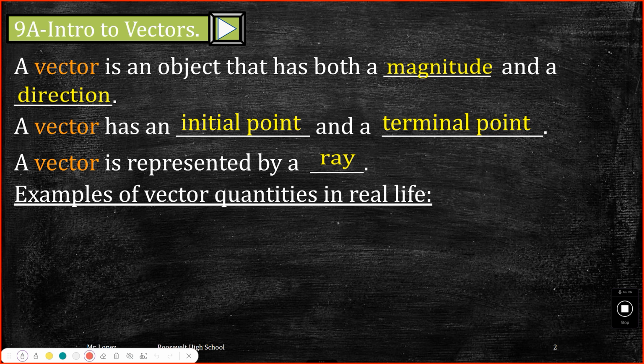So what are examples of vector quantities in real life? Like I said, force. Displacement: you move from one spot to another. Velocity.